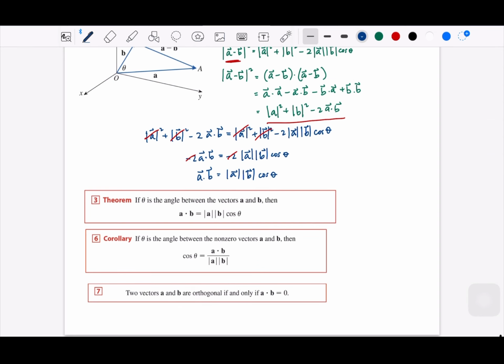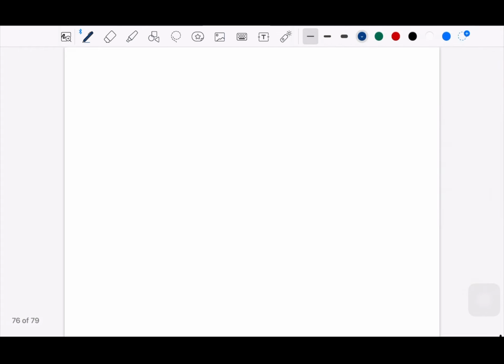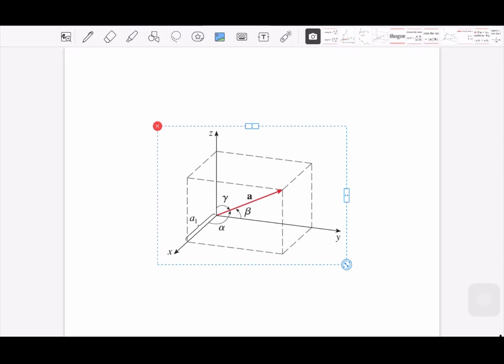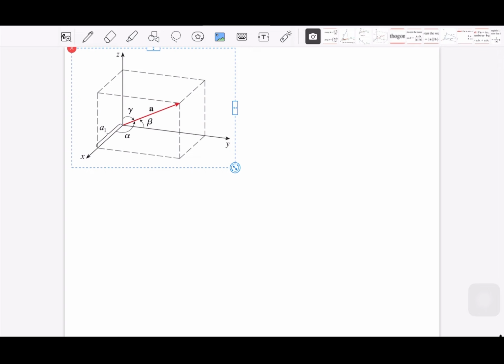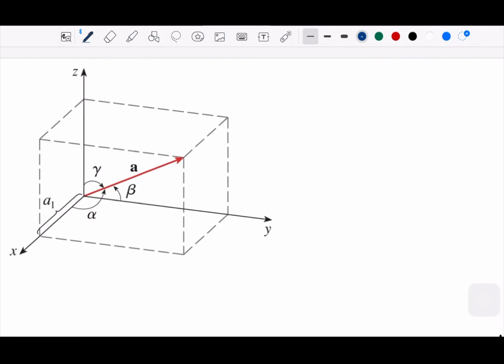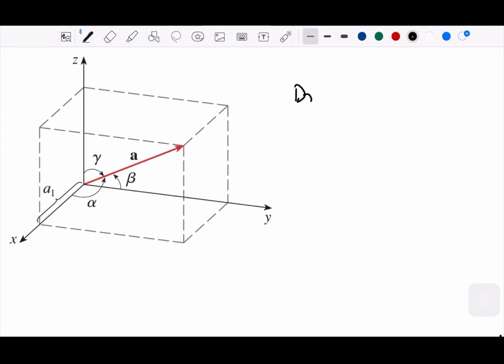Okay, now one last thing before we end this dot product. We call this direction angles and direction cosines.